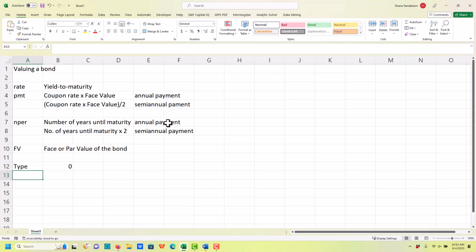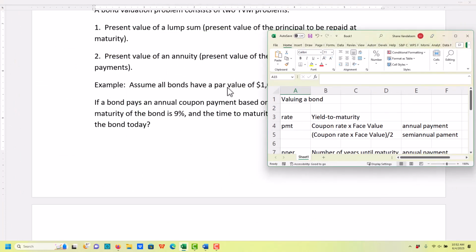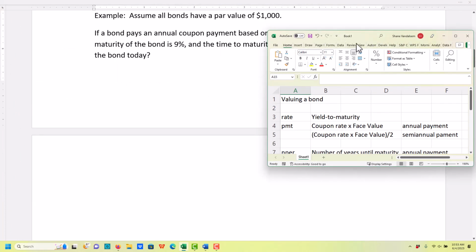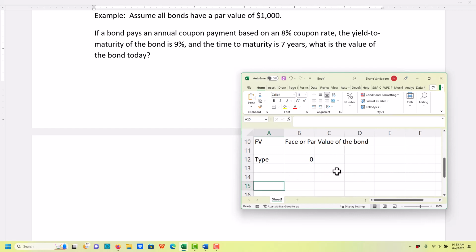So let's go back to that problem there, and we will go ahead and figure that answer out. So in this case, a bond pays an annual coupon payment based on an 8% coupon rate. The yield to maturity of the bond is 9%. The time to maturity is 7 years. So we can go ahead and put in here equals present value.